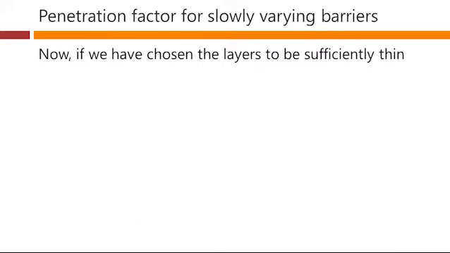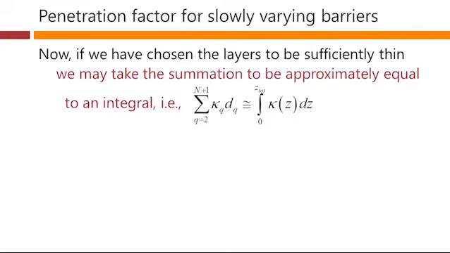Now, if we've chosen the layers to be sufficiently thin, we may take the summation to be approximately equal to an integral. So this sum over all of these kappa q times d q will just turn into an integral over the total thickness of our barrier of kappa of z dz.